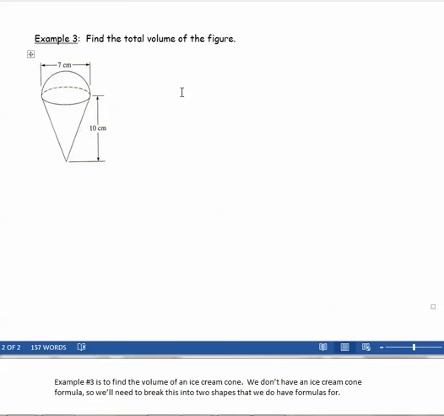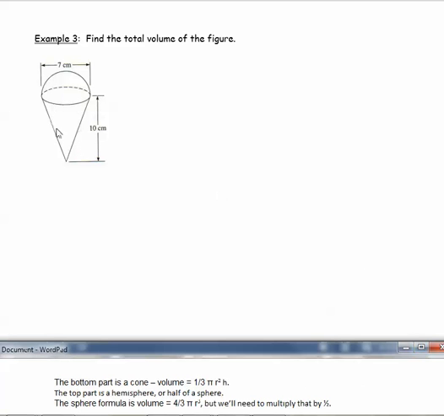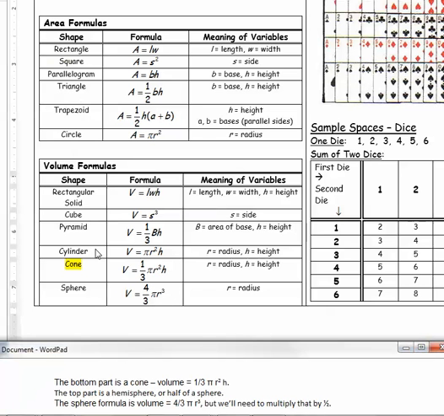Example 3 is to find the volume of an ice cream cone. We don't have an ice cream cone formula, so we'll need to break this into two shapes that we do have formulas for. Well, the bottom part of the figure is a cone. Volume equals 1/3 pi r squared h.